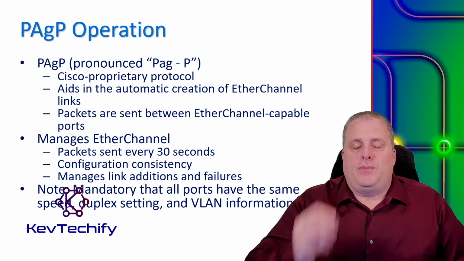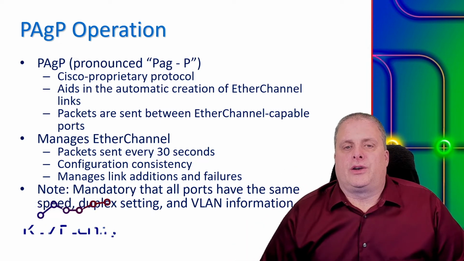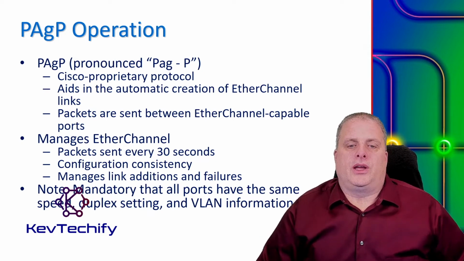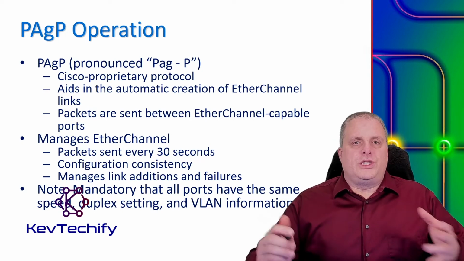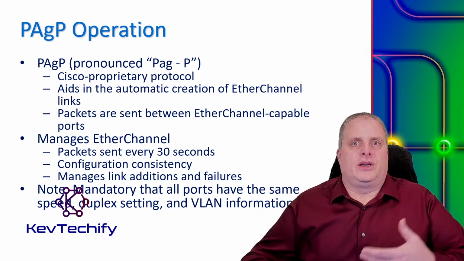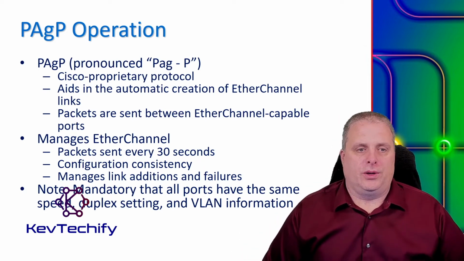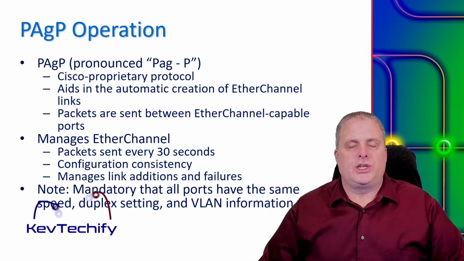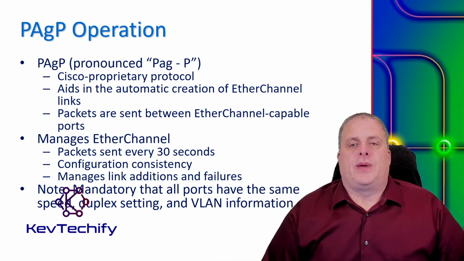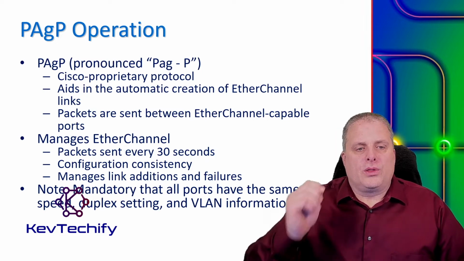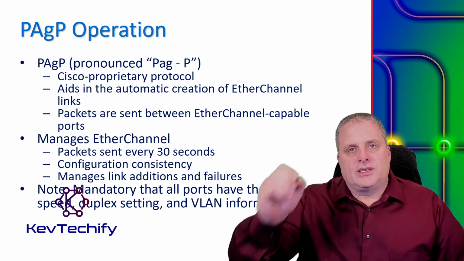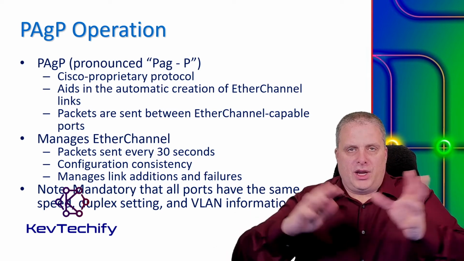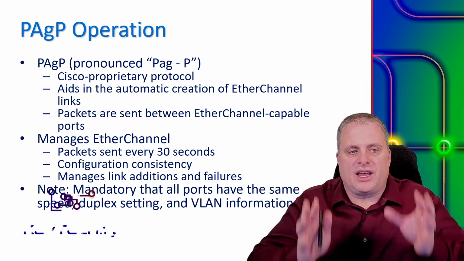Now, PAgP aids in the automatic creation of these EtherChannels. You have to do a little configuration, and we'll talk about that on the next slide. But once you have that configured, they will go through and configure that EtherChannel for you. We do this through communication between these ports and switches where we send packets back and forth, and they go through negotiation processes. These packets are sent every 30 seconds. They make sure that your configuration is consistent and correct.